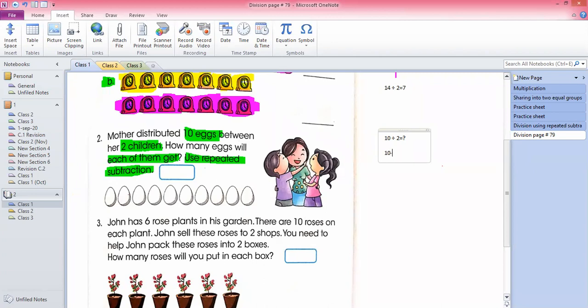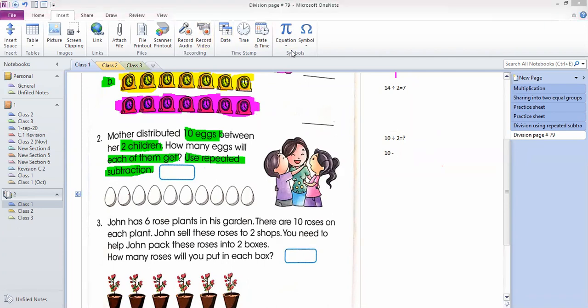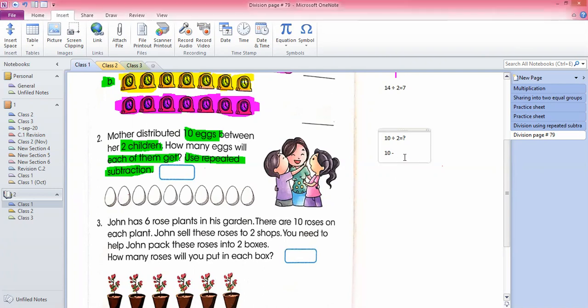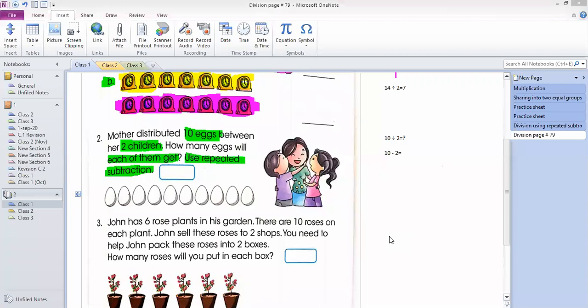So I will minus from 10 eggs what number? Can you tell me, guys? 10 minus what? Very good. I will minus 2 from 10, and 10 minus 2 equals to what, guys?